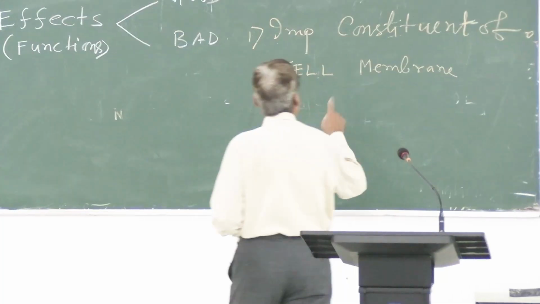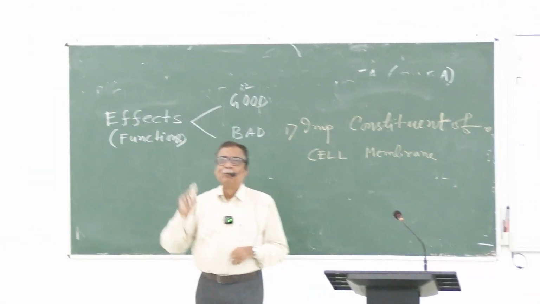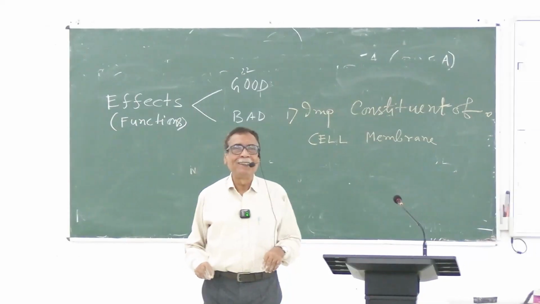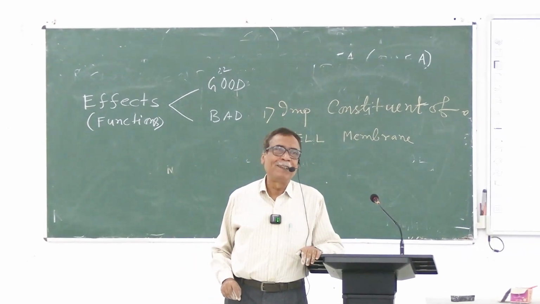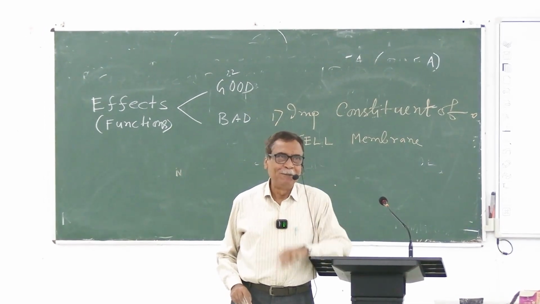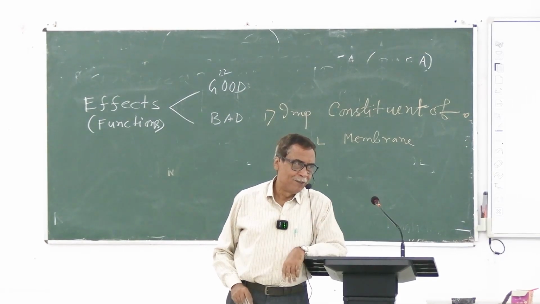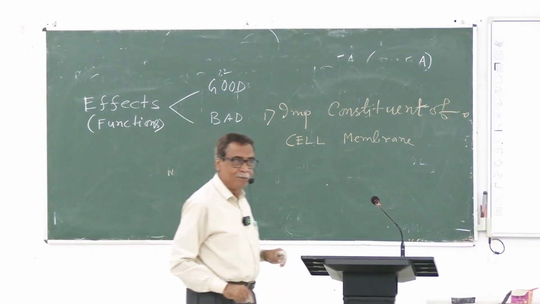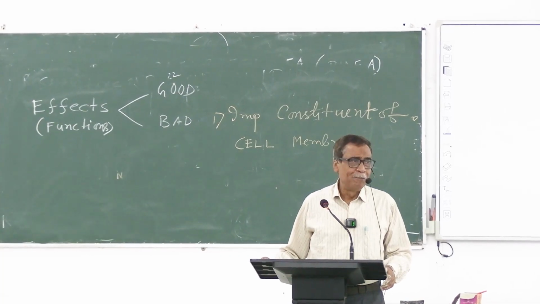Now, all the membranes contain cholesterol in addition to phospholipids and glycolipids. In addition to phospholipids and glycolipids, there is another lipid, which is known as derived lipid, present in the cell membrane, and that is cholesterol. Cholesterol is a derived lipid.